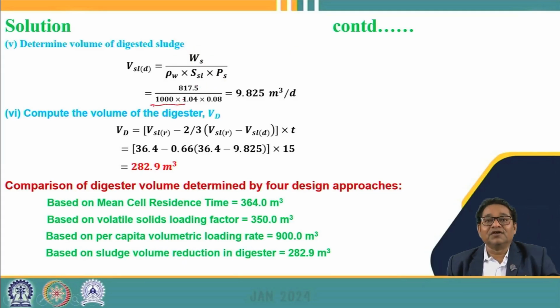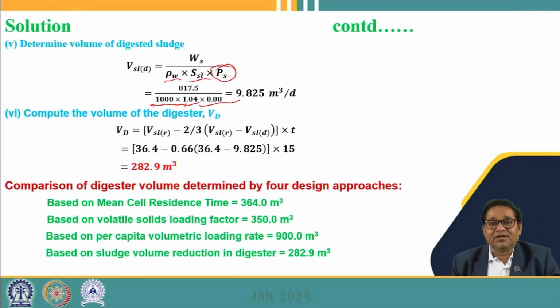Here 1000 is the density of water. Then the specific gravity of the digested sludge, which is comparatively higher than the raw sludge, is 1.04, and the percentage solids has increased to 8% from 4%. By substituting these values, we get the volume of the digested sludge produced as 9.825 meter cube per day.